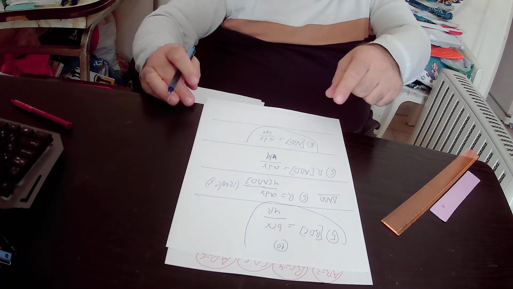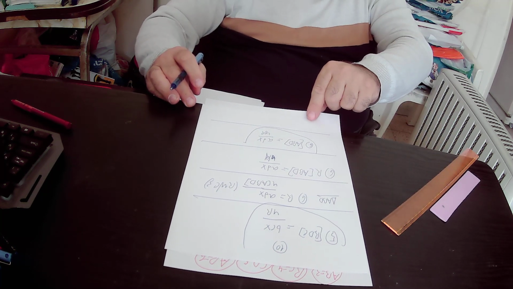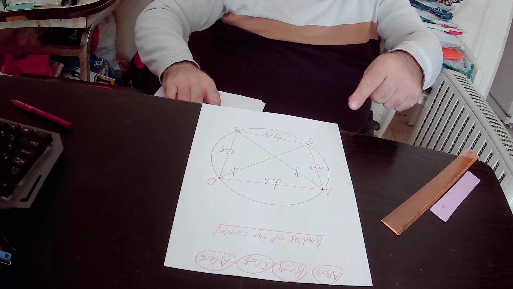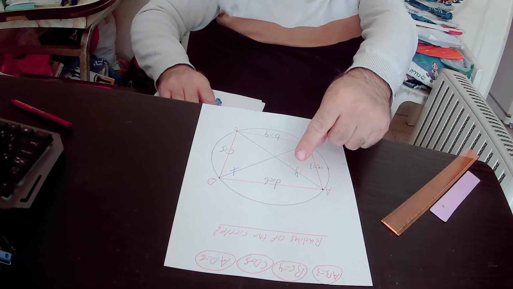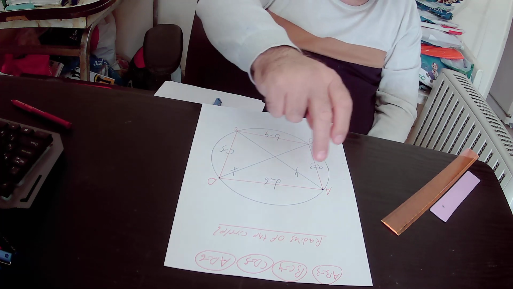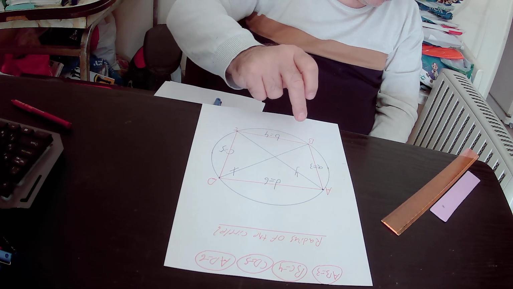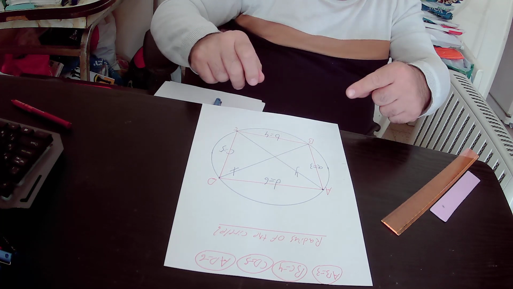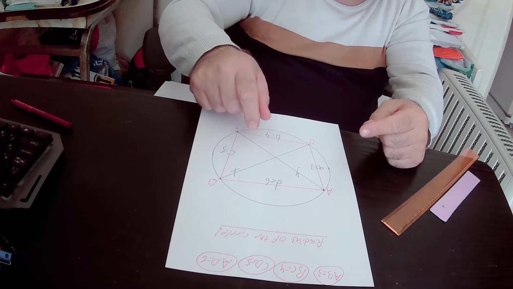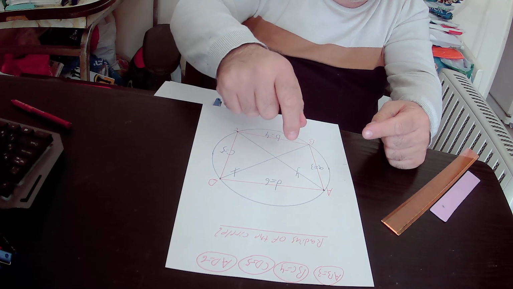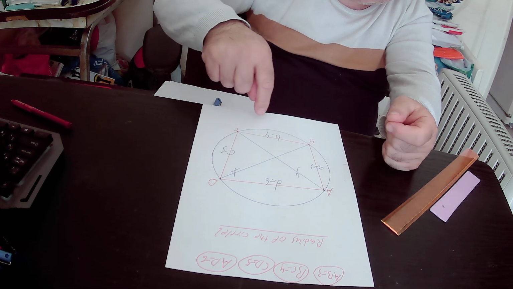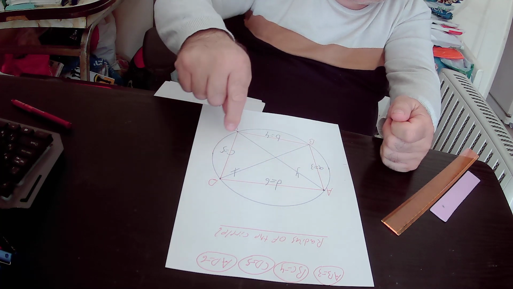Okay, so we found out the areas of triangle ABD and triangle BDC. But as you can see from the drawing, if we combine together triangle ABD with triangle BDC, we will get the quadrilateral ABCD. Triangle ABD plus triangle BDC gives us quadrilateral ABCD.